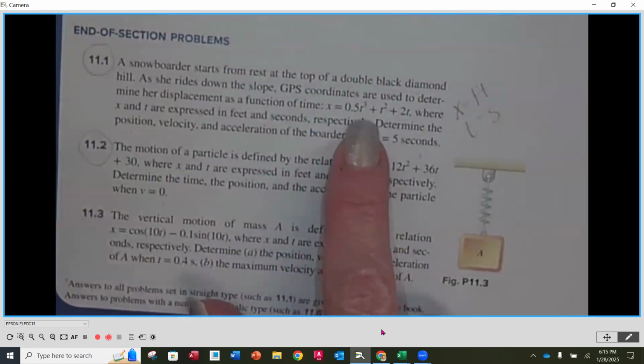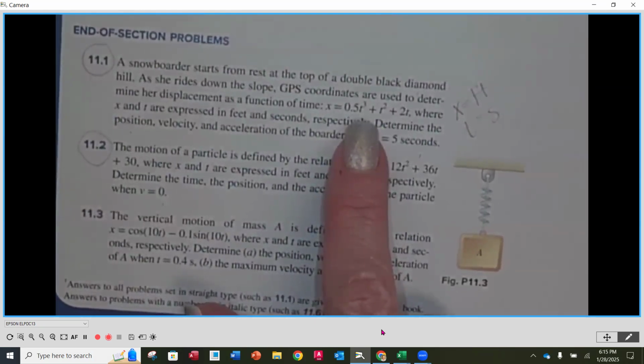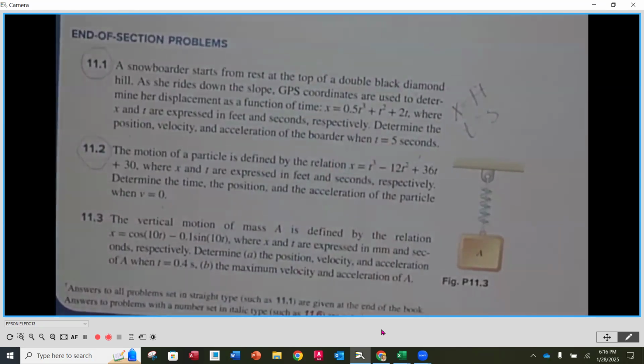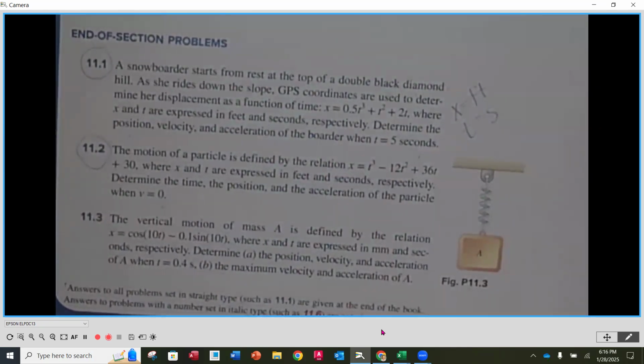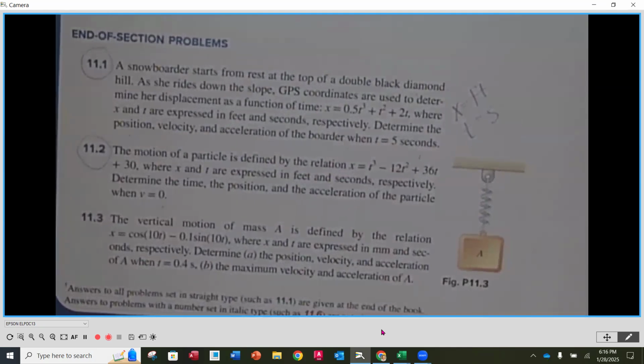Also, I need to see what your equations were that you found for velocity and for acceleration because you're going to use those. Those are going to be hand calculations, or if you wanted to put them in that spreadsheet on the first page where you can write each one of those, you can do it there as well.